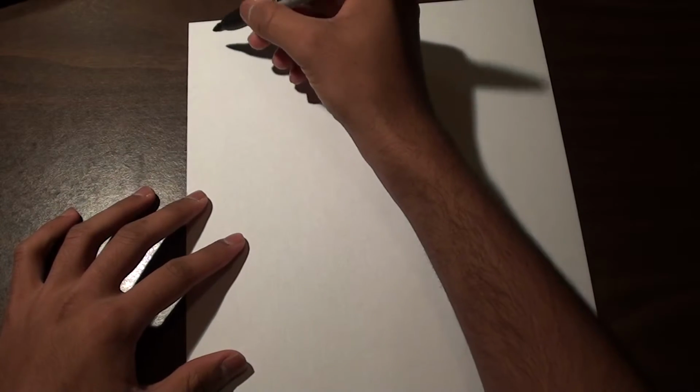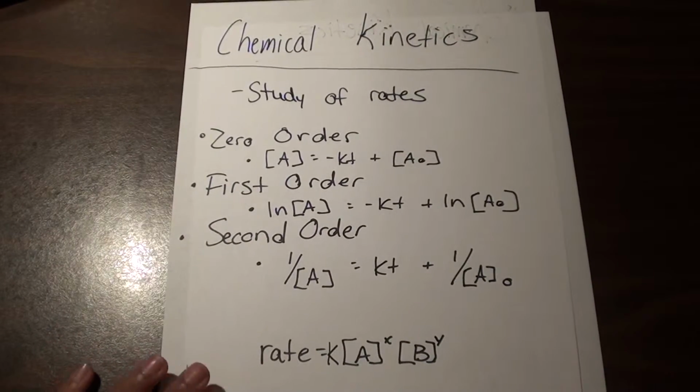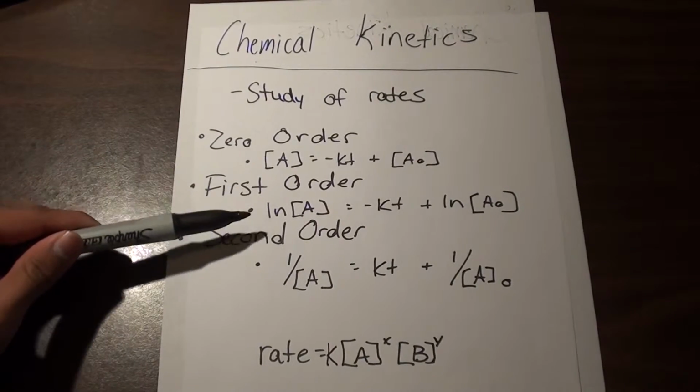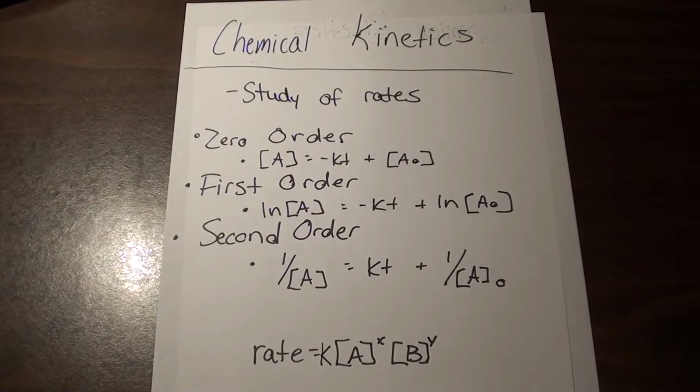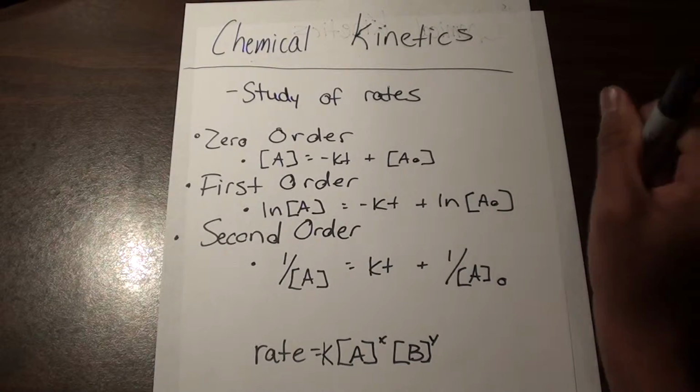So when you're determining it graphically, it all goes back to these equations that I put up at the very beginning. All these equations are called integrated rate laws. And if you look at the form of them, they're all in a linear format.